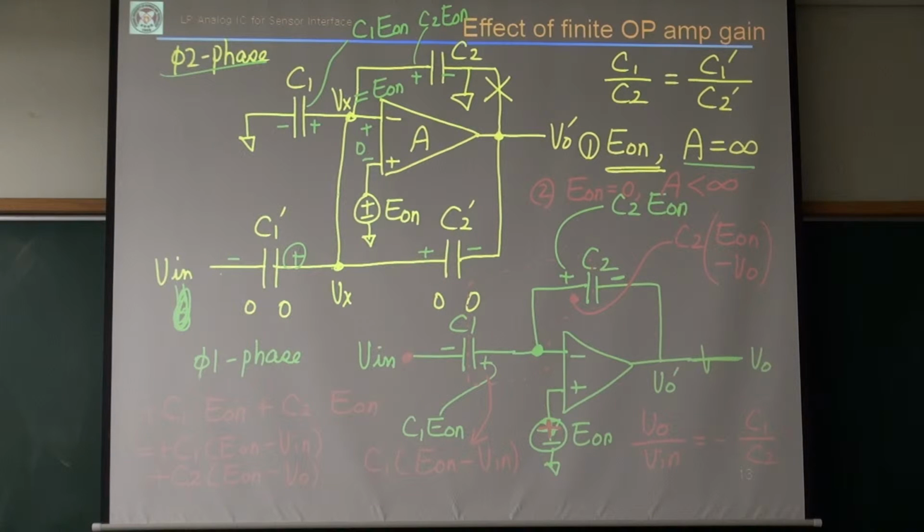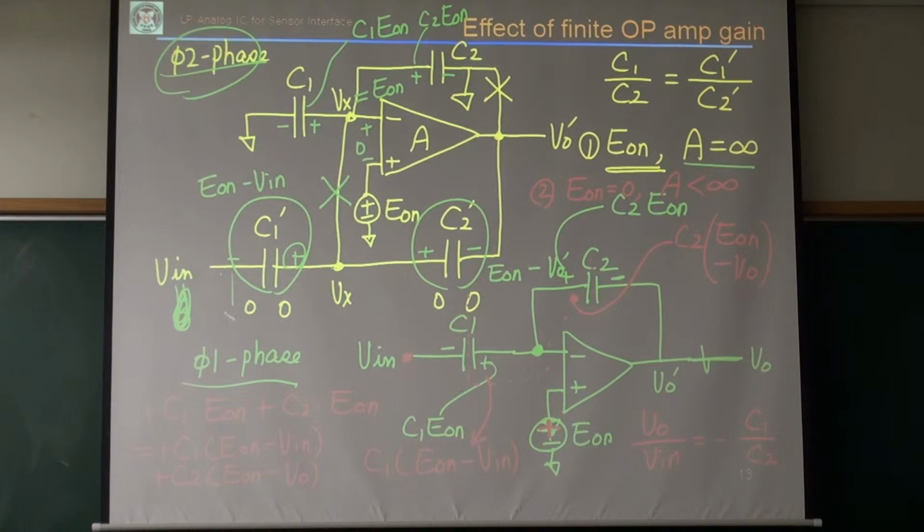Okay, the question is, during phi2 phase here, C1 will be charged to some Eon minus Vin. This charge will be charged to Eon minus Vo prime. Then during the following phi2 phase, this path is just cut.